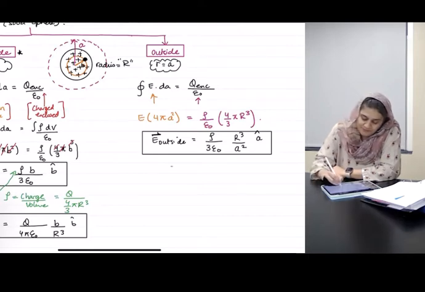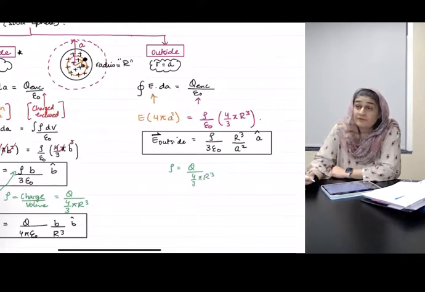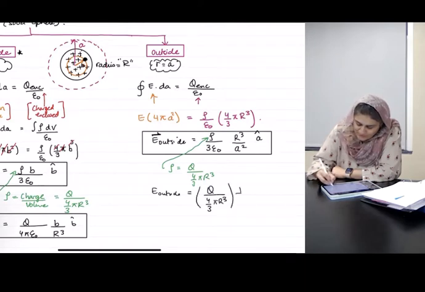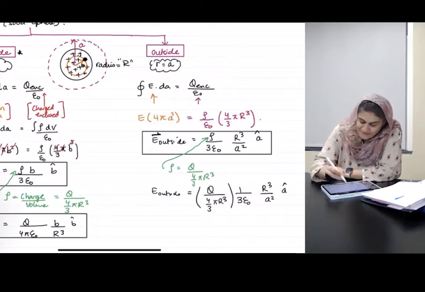Again, rho is nothing other than charge per volume. Plug this value in here. What do I get? E outside is Q over 4/3 pi r cubed times 1 over 3 epsilon naught r cubed over A squared A hat.